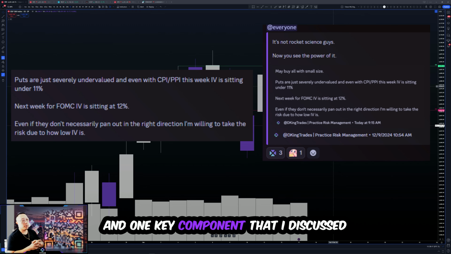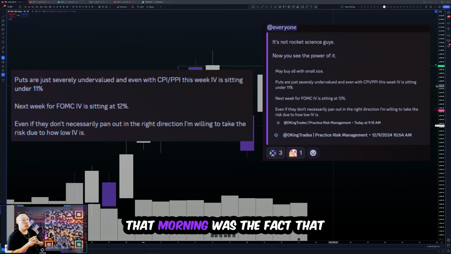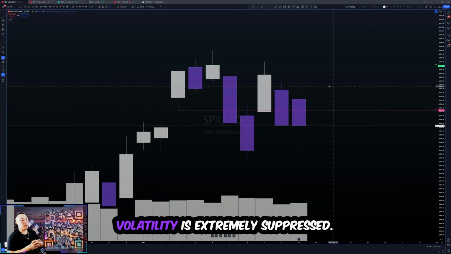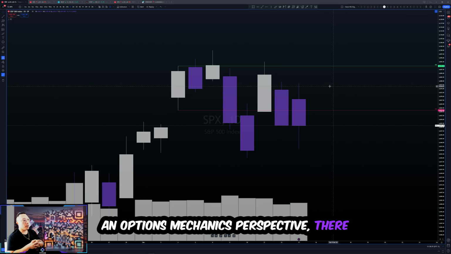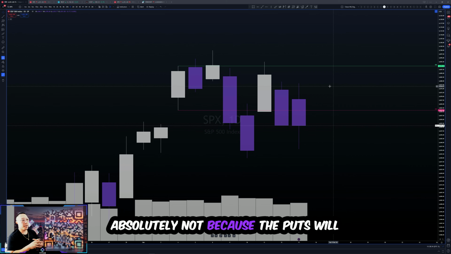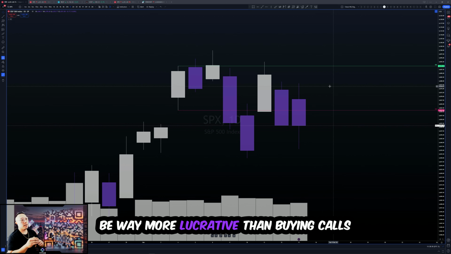And one key component that I discussed that morning was the fact that puts are so severely undervalued. Volatility is extremely suppressed. And when you take a look at that from an options mechanics perspective, there is no reason why I need to play calls. Absolutely not. Because the puts will provide you much higher RR and it will be way more lucrative than buying calls would be.